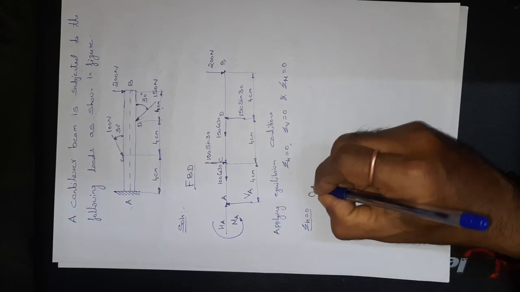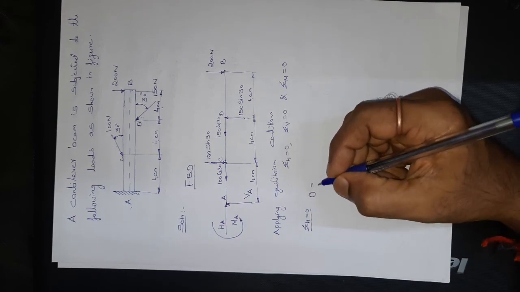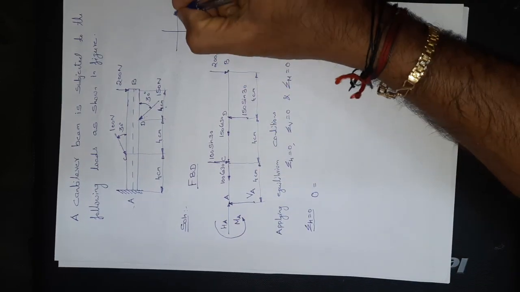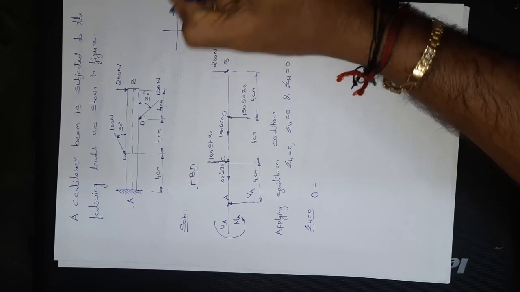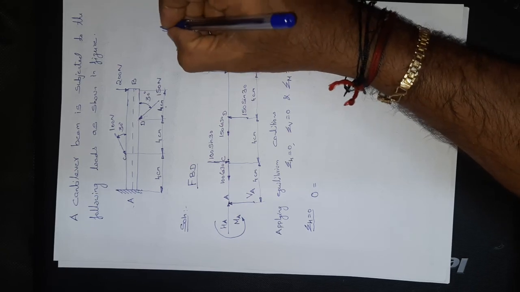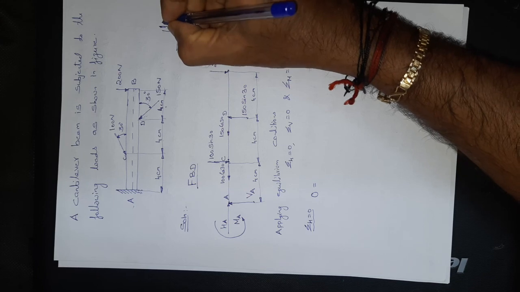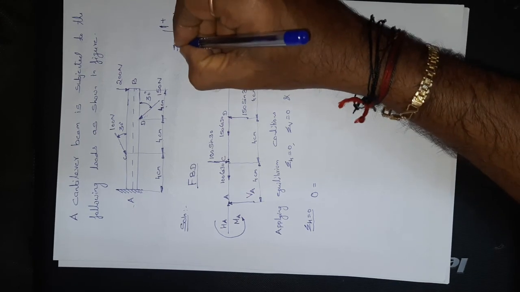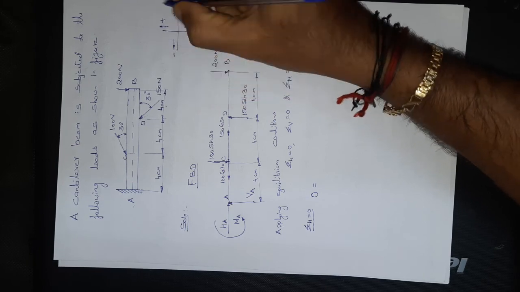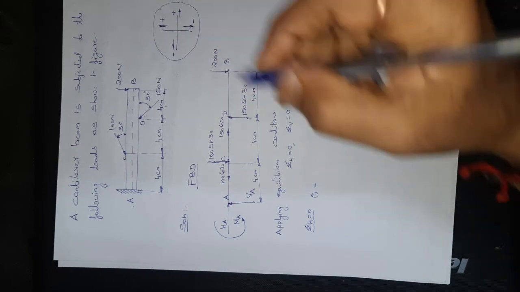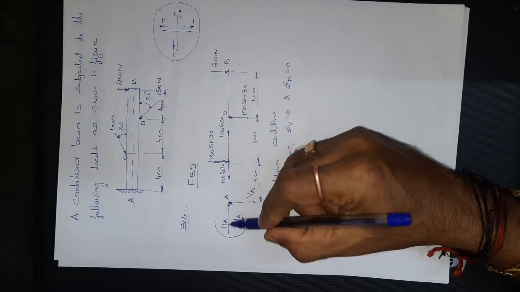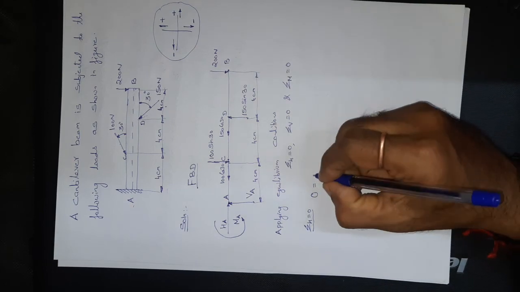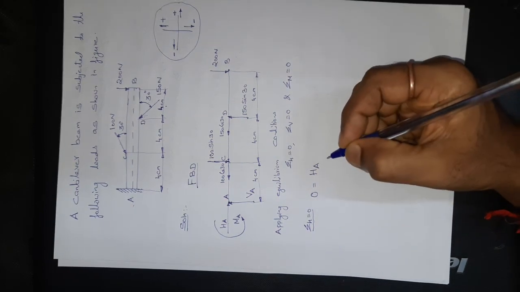So 0 equals, how many horizontal forces are there? Before that, let me draw the quadrant: a force acting to the right-hand side is positive, vertically upwards is positive, vertically downwards is negative, and towards the left is negative, right? So look at point A, a horizontal force is acting in the positive x direction, so plus HA, right?